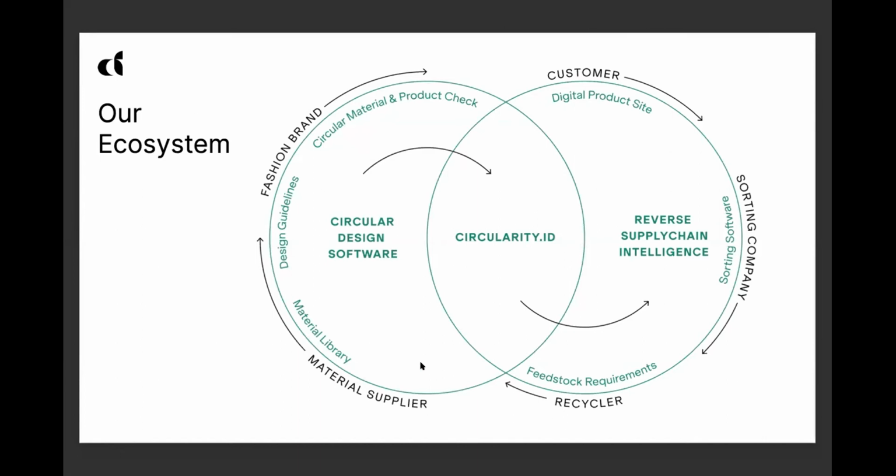And then we can save all the product data on a platform that can be made available by the Circularity ID. This is the scannable label that Conrad also showed in the very beginning that can make material and product data accessible to customers, but also to the full reverse supply chain of sorters and recyclers.